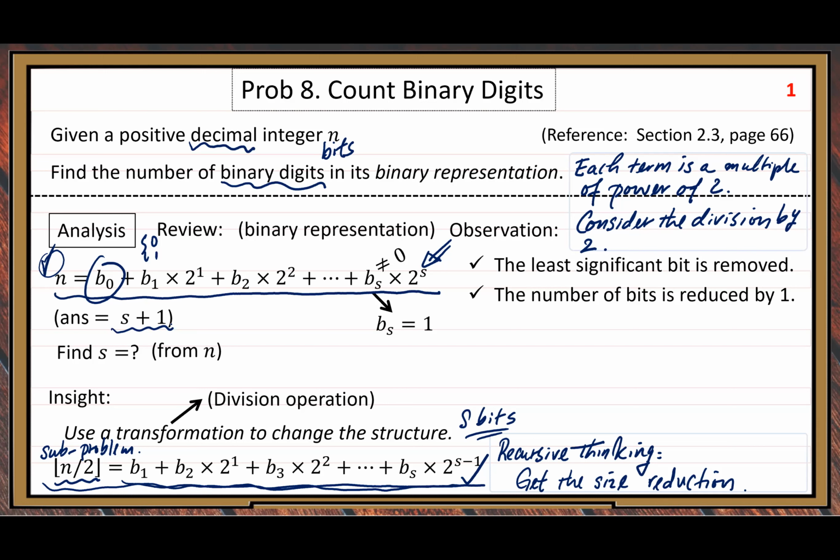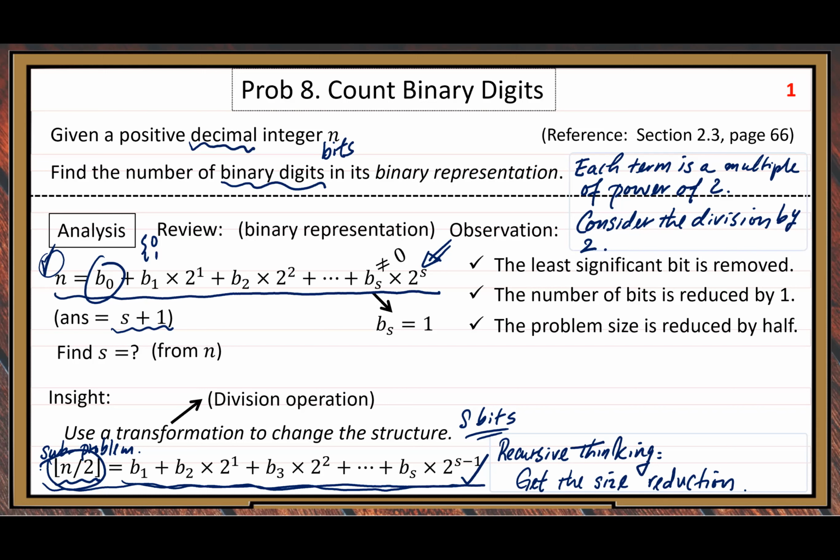Third, the problem size is reduced by half, approximately n over 2, floor function.